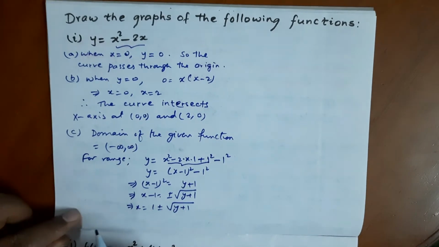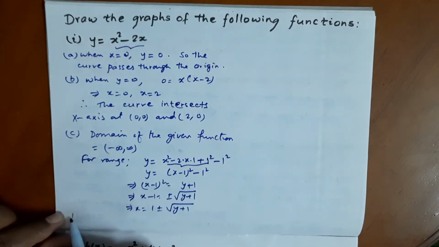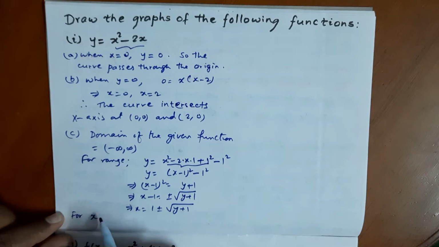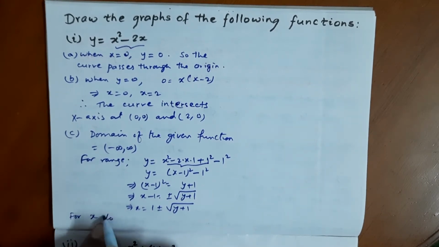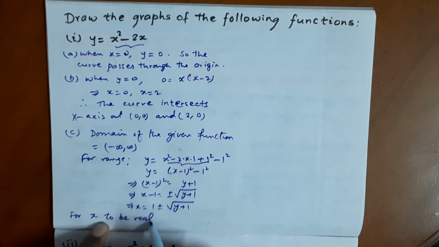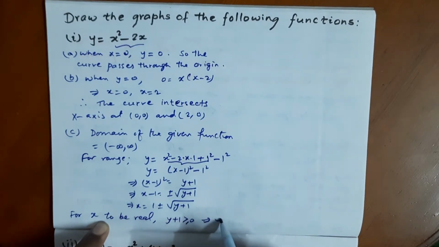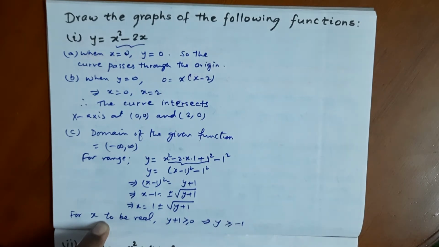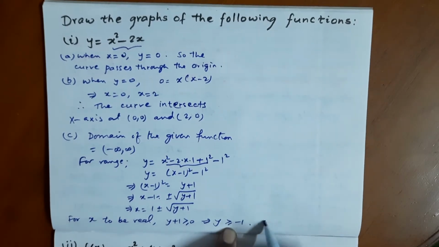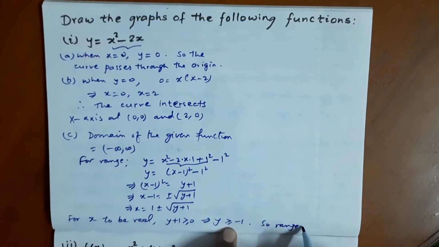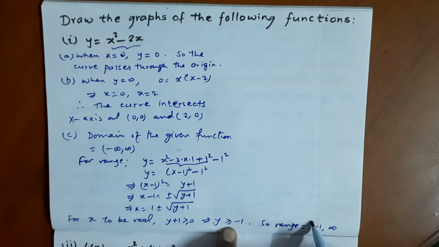And for x to be real, y plus 1 is bigger than or equal to 0. This implies y is bigger than or equal to minus 1. So range equals minus 1 to infinity.